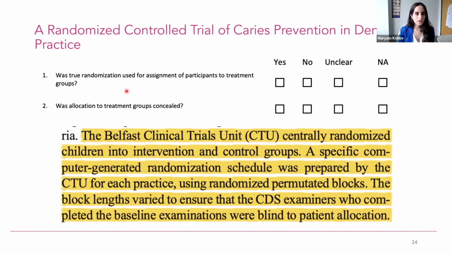So the first question is, was true randomization used for assignment of participants to treatment groups? So as you recall, the differences between participants included in the compared groups can constitute a threat to the internal validity of a study where you're exploring causal relationships.